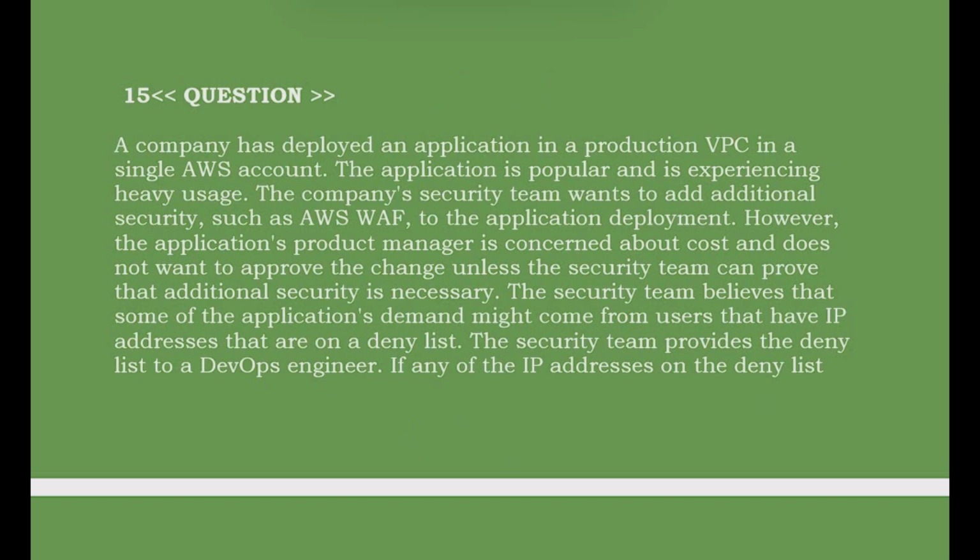However, the application's product manager is concerned about cost and does not want to approve the change unless the security team can prove that additional security is necessary. The security team believes that some of the application's demand might come from users that have IP addresses that are on a deny list. The security team provides the deny list to a DevOps engineer.